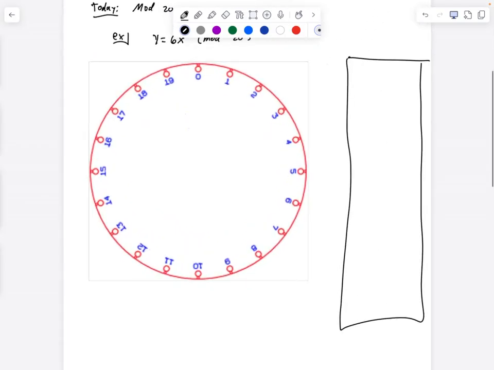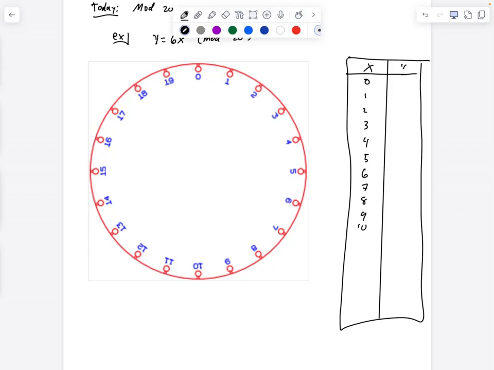In this table, x is going to start at 0, 1, 2, 3, 4, 5, 6, 7, 8, 9, 10, 11, 12, 13, 14, 15, 16, 17, 18, 19.